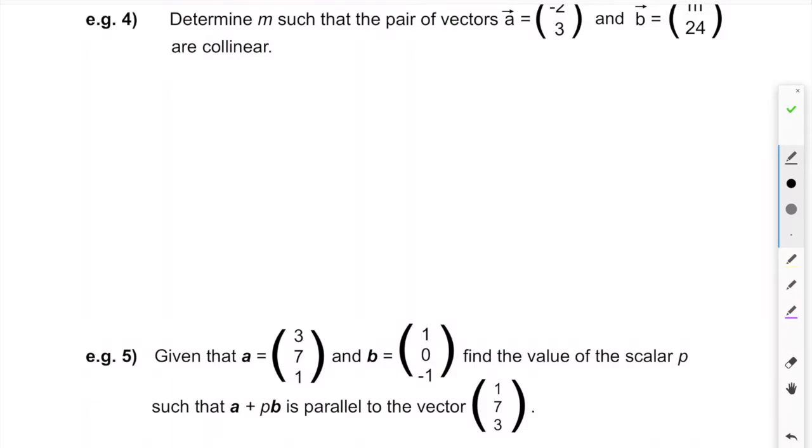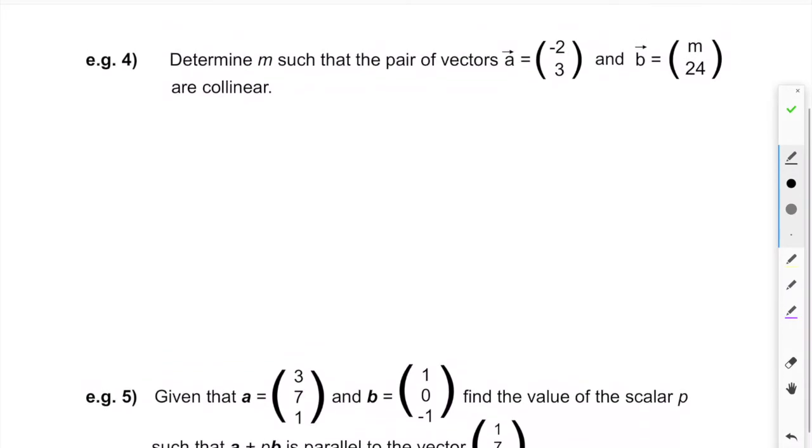Example 4. Determine m such that the pair of vectors a and b are collinear. All right, so recall from the past that there is a vector operation that relates to the keyword collinear, and it is scalar multiple. So let's write this down.